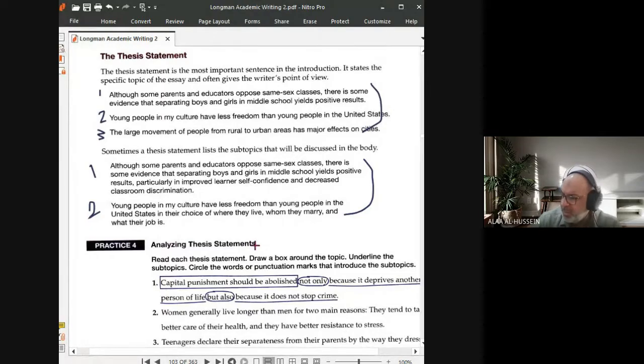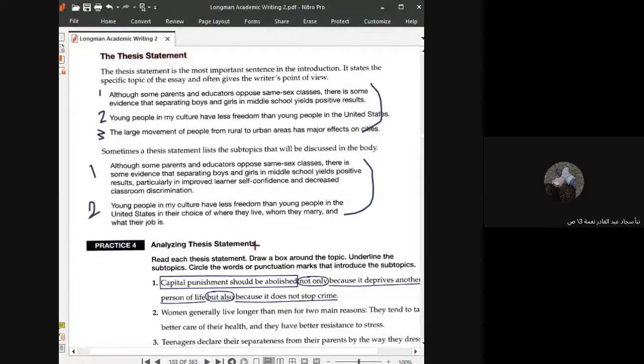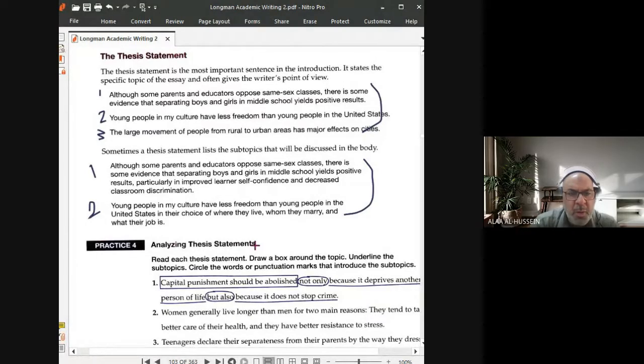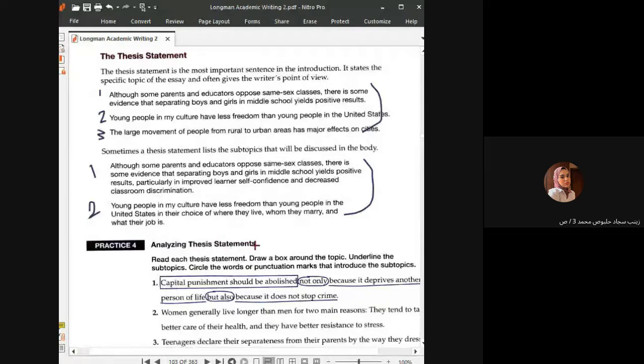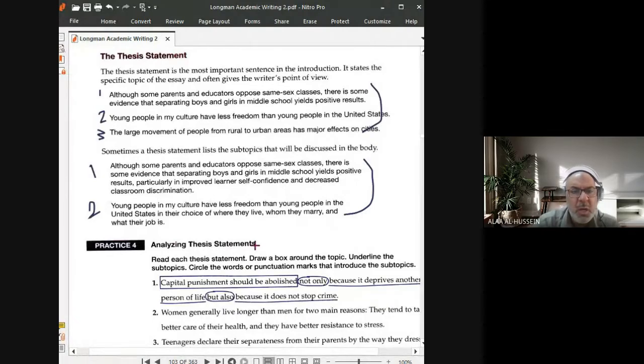Naba Sajjad, read it also. Young people in my culture have less freedom than young people in the United States. Thank you very much. Zainab Sajjad. The large movement of people from rural to urban areas has major effects on cities. Okay, thank you very much.